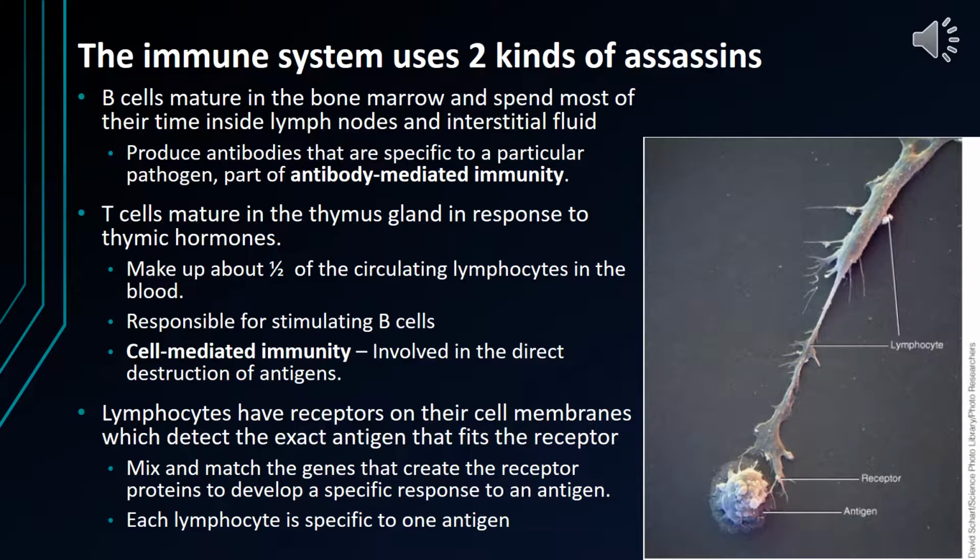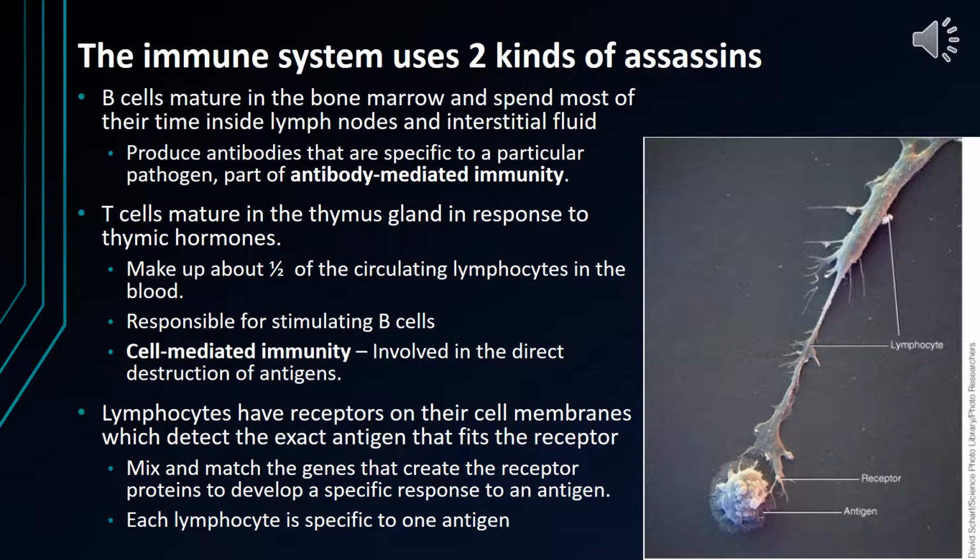And these B cells spend most of their time inside lymph nodes and interstitial fluid once they've matured. They're the cells responsible for producing antibodies which are specific to a particular pathogen, which means they're part of antibody-mediated immunity, like we said in the last slide.